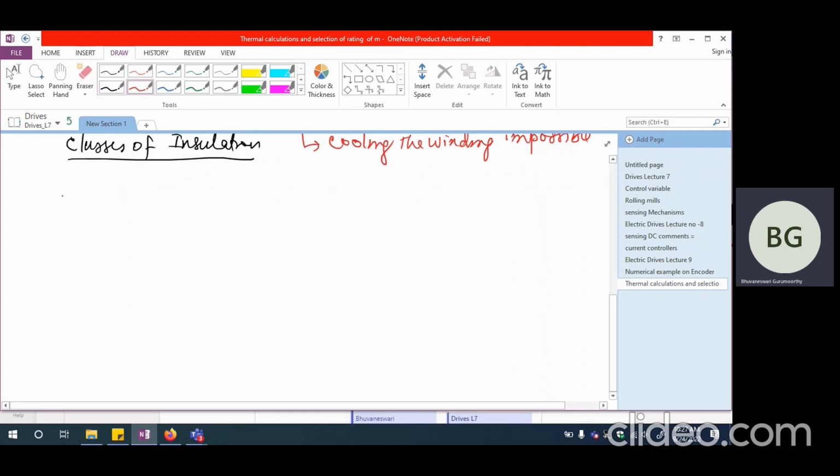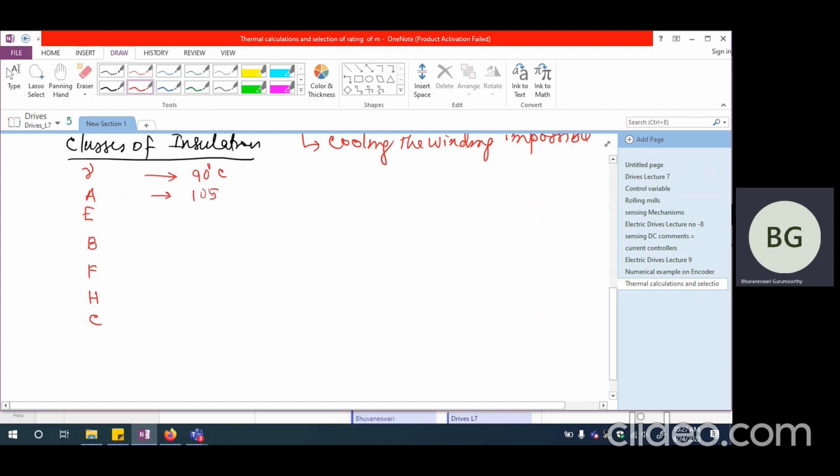So we have different classes of insulators like A, B, C, and then we are going to have E as one more, which is coming somewhere in between. This is going to be F, and this is going to be H. So the lowest class of insulator is generally called gamma. It can only withstand about 90 degrees centigrade, nothing more than that.